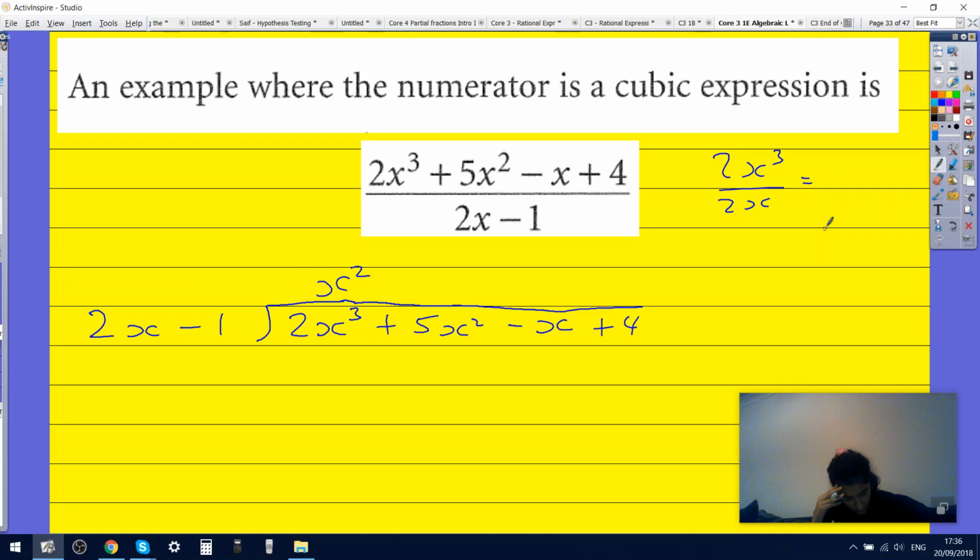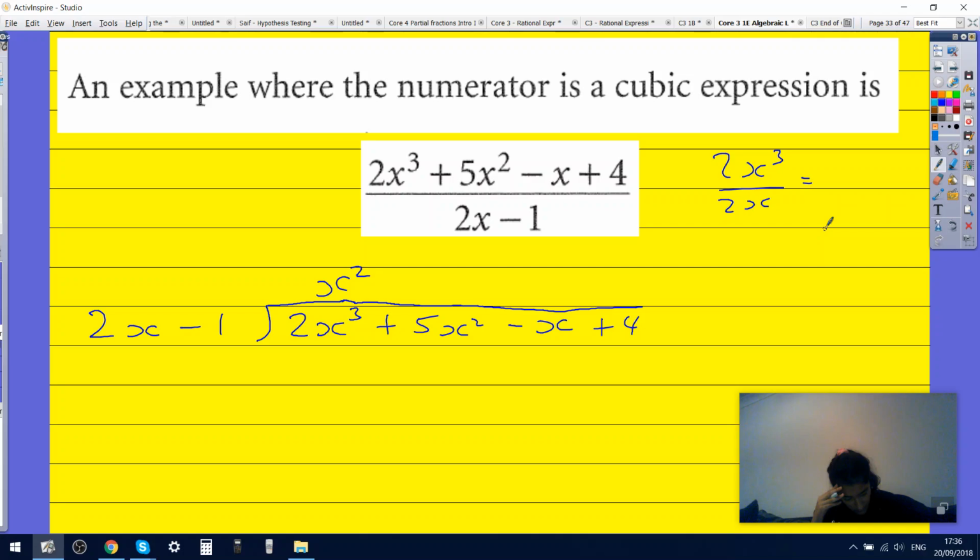Why is it over 2x? Oh, it's 2x. Yeah. True. Okay. Go on. x squared, and then x squared times 2x minus 1 equals 2x cubed minus x squared.